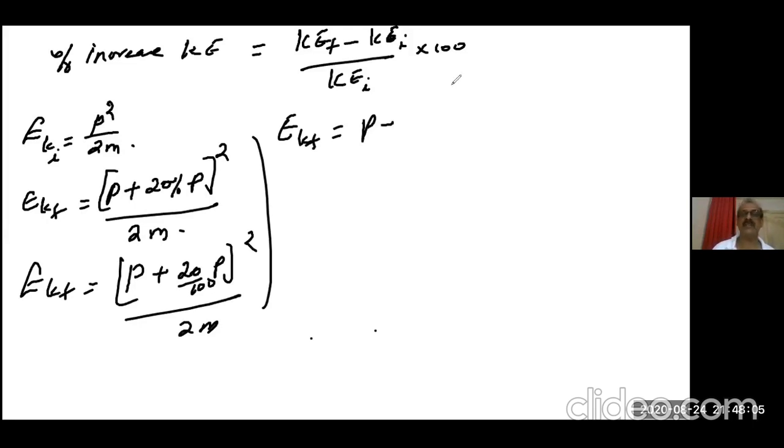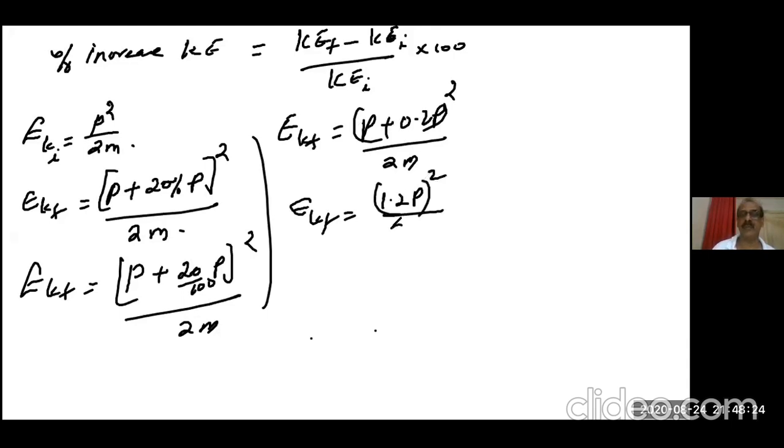So EKF is equal to P plus 0.2P, whole squared, by 2m. EKF is equal to 1.2P whole squared divided by 2m. 1.2 squared, 12 into 12, is 1.44. So 1.44 P squared by 2m.